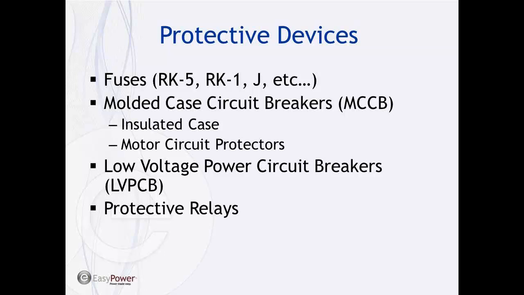Low voltage power circuit breakers with solid state trips and protective relays have a lot more functionality as far as adjustments that can be made to increase the level of protection that's available.